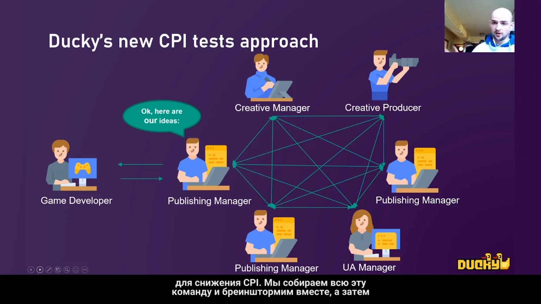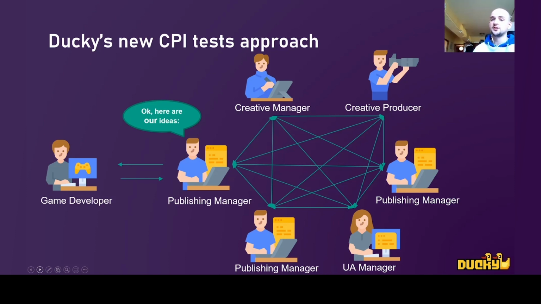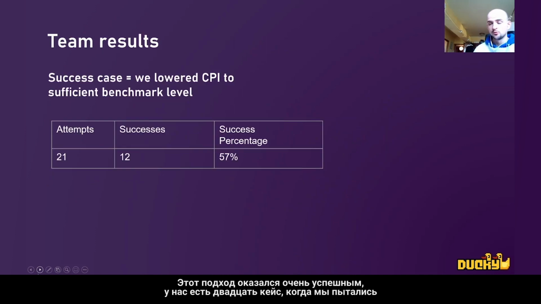We brainstorm ideas, and after that we pass them to the publishing manager responsible for communication, who is then responsible for passing them to the game developer or communicating with the creative manager in order to make them. This approach proved to be very successful.